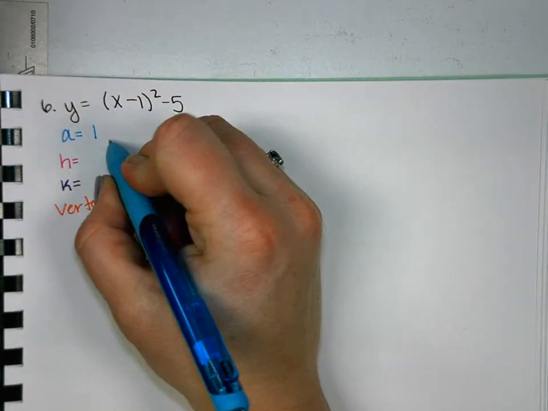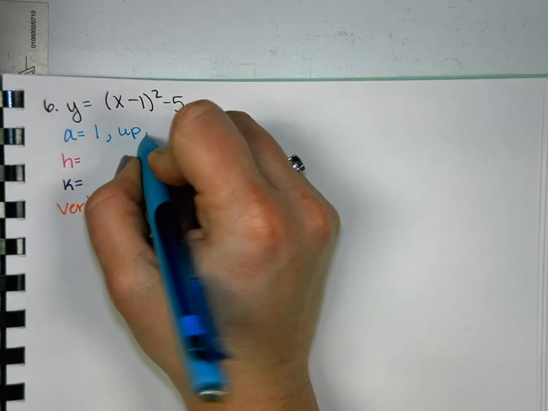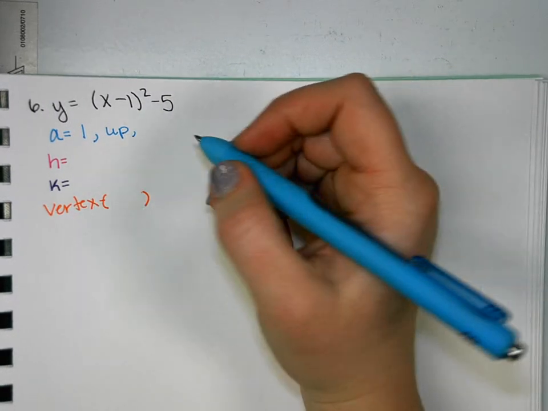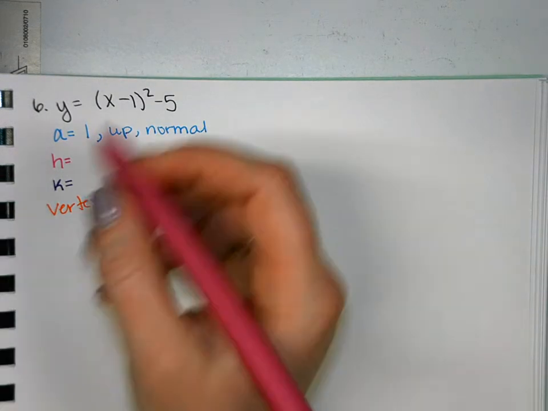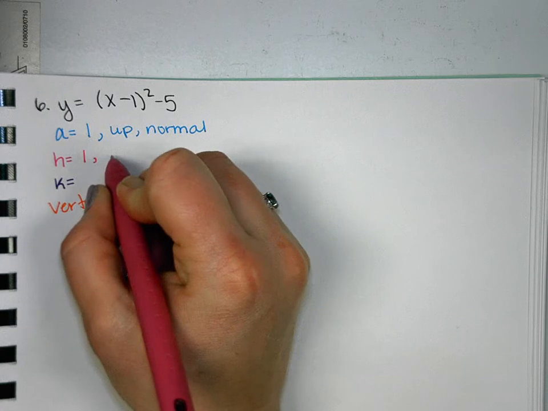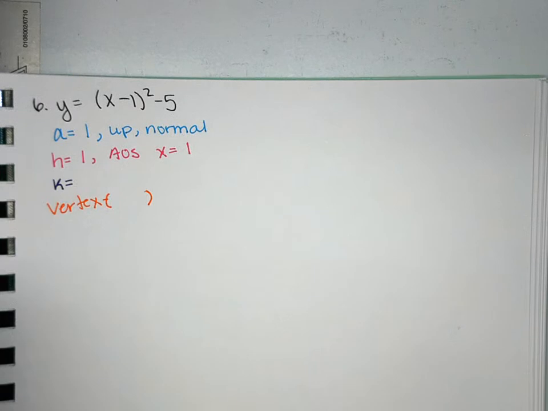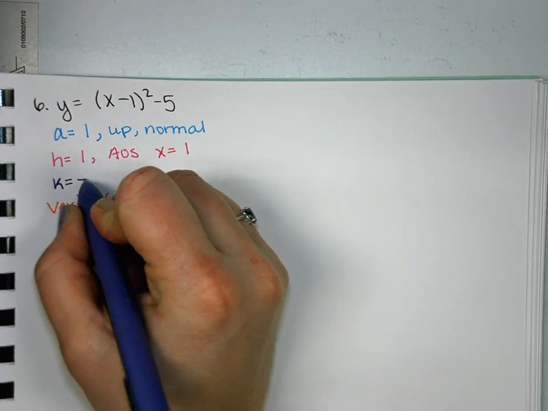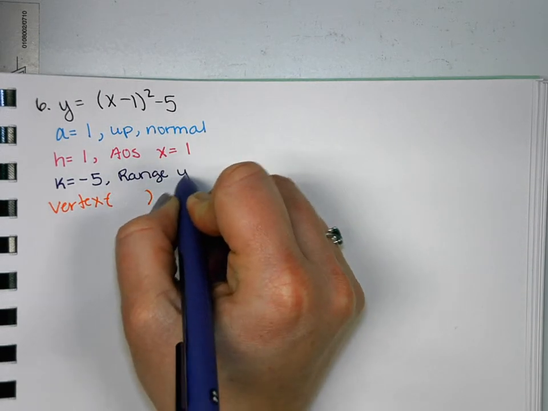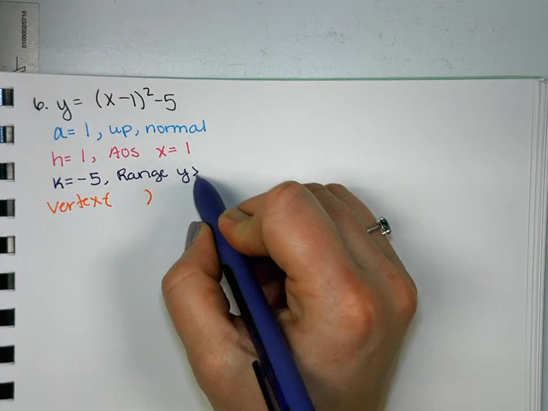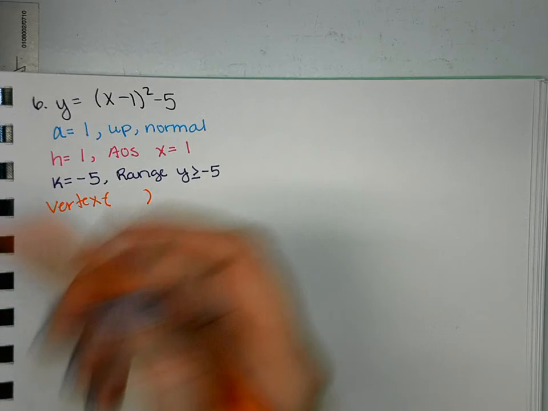So what else does that tell us? It's up because it's positive. Wide, narrow, or normal? Normal. What about H? H is 1. So that tells us that our axis of symmetry is x equals 1. K is -5. So my range is going to be y. It's going up, so greater than -5. And our vertex, 1, -5.